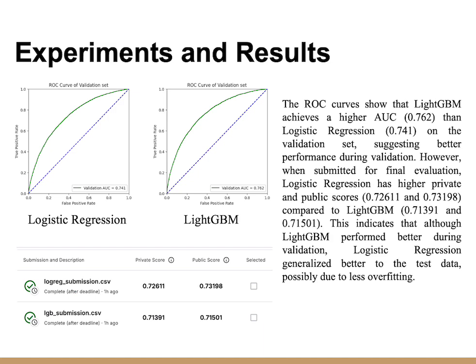However, when I submitted for final evaluation on the Kaggle website, logistic regression has higher private and public scores compared to LightGBM. I think this indicates that although LightGBM performed better during validation, logistic regression generalized better to the test data, possibly due to less overfitting.